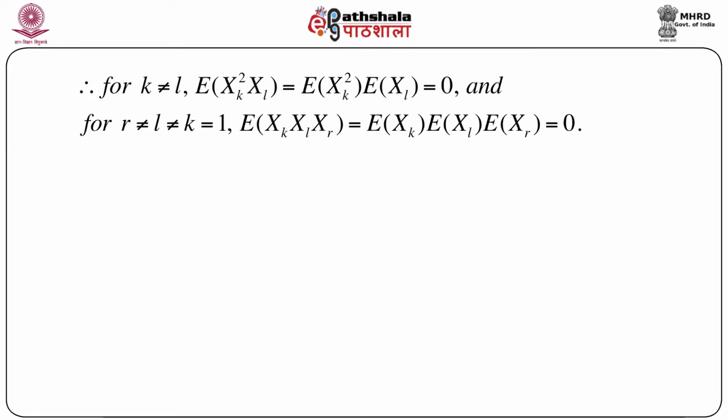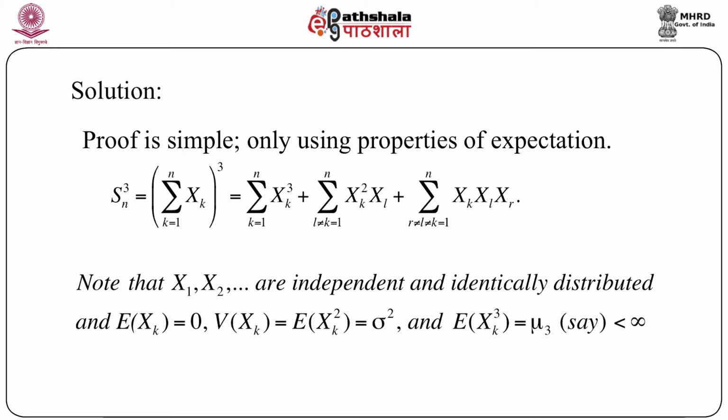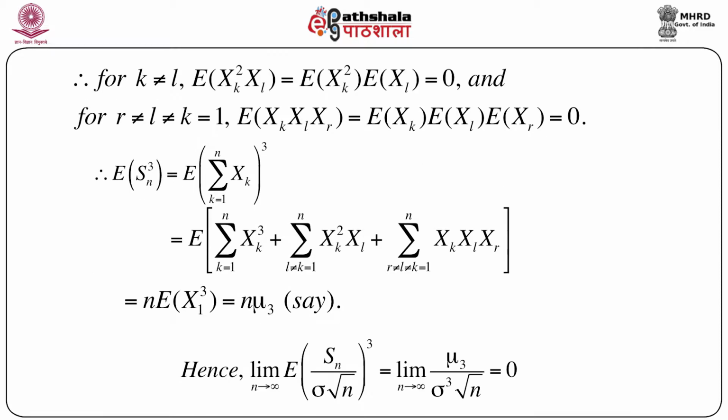Now remember the expressions in the expansion of Sn cube, especially the second and third terms. The second term involves xk square xl. If we take the expectation of xk square into xl, xk and xl are independent because k not equals l. So this equals expectation of xk square into expectation of xl, which equals 0.